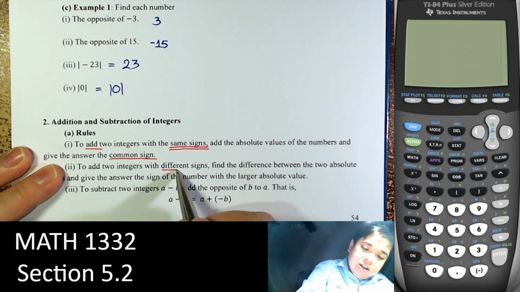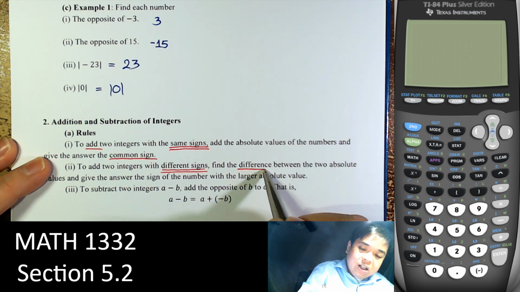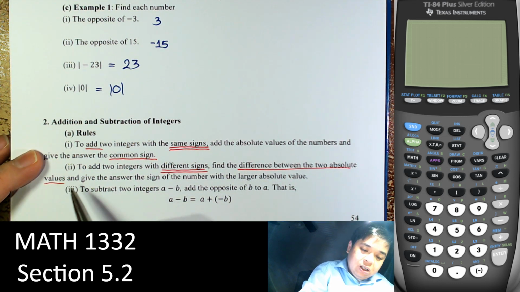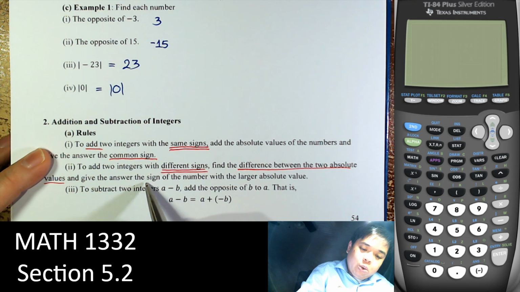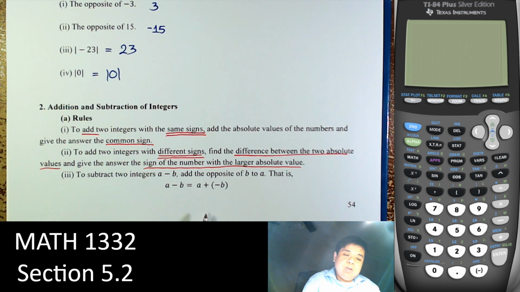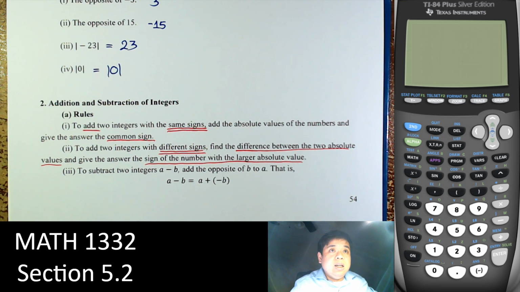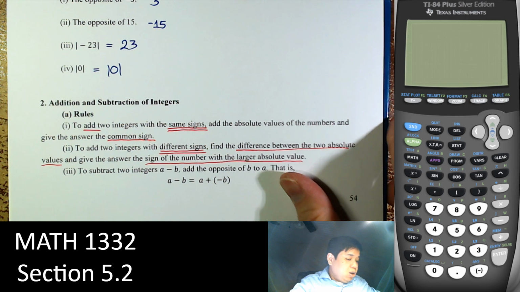If they have different signs, we subtract the two absolute values, and the sign goes with the bigger one. So the sign always goes with the bigger one. And to subtract is to add the opposite of a number. So a minus b, or a subtract b, is a plus negative b.